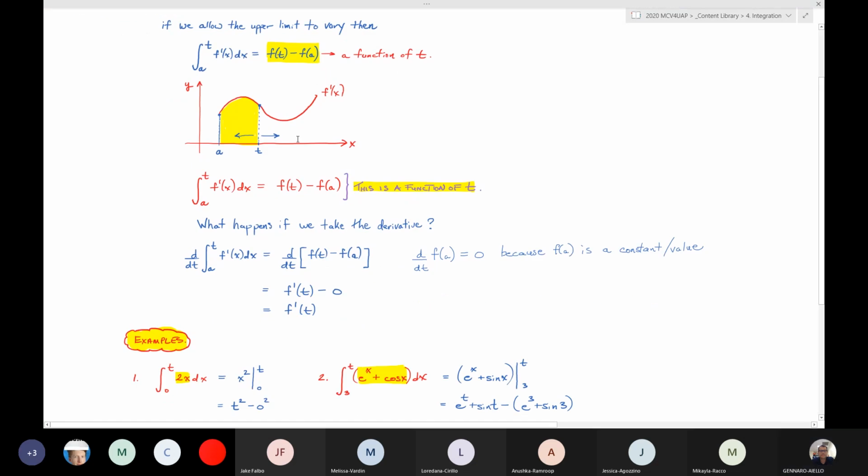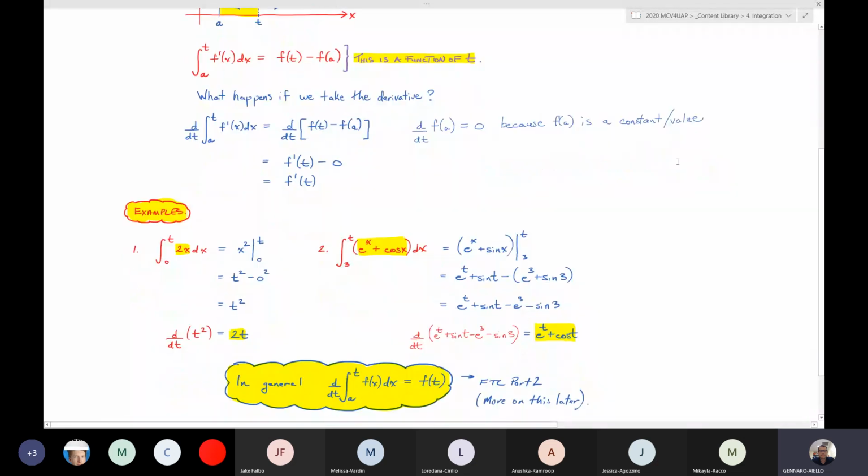So, two more simple examples to illustrate what's happened here. Let's say I have the integral from 0 to t of 2x dx, and I want to know what the derivative of that is. Well, first of all, I would have to evaluate the integral, find the antiderivative, evaluated at t, and evaluated at 0. The antiderivative of 2x is x squared.